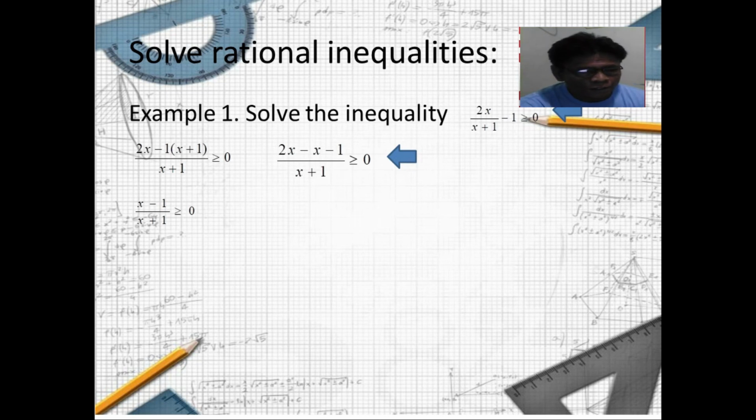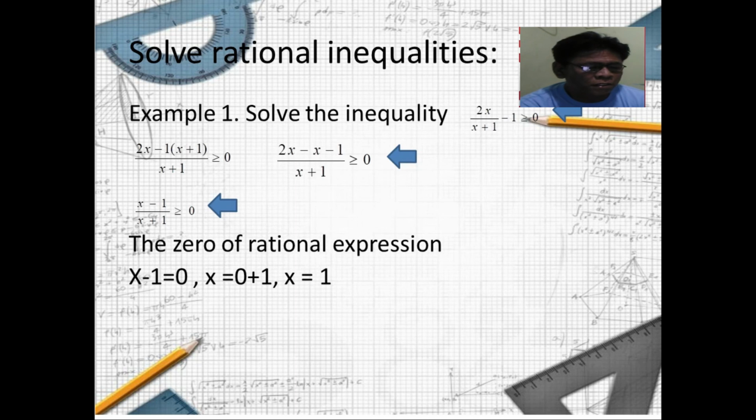Distribute the negative 1, or remove the parenthesis, then change the sign of x plus 1, and that is 2x minus x minus 1 over x plus 1 greater than or equal to 0, and that is in single form: x minus 1 over x plus 1 greater than or equal to 0.